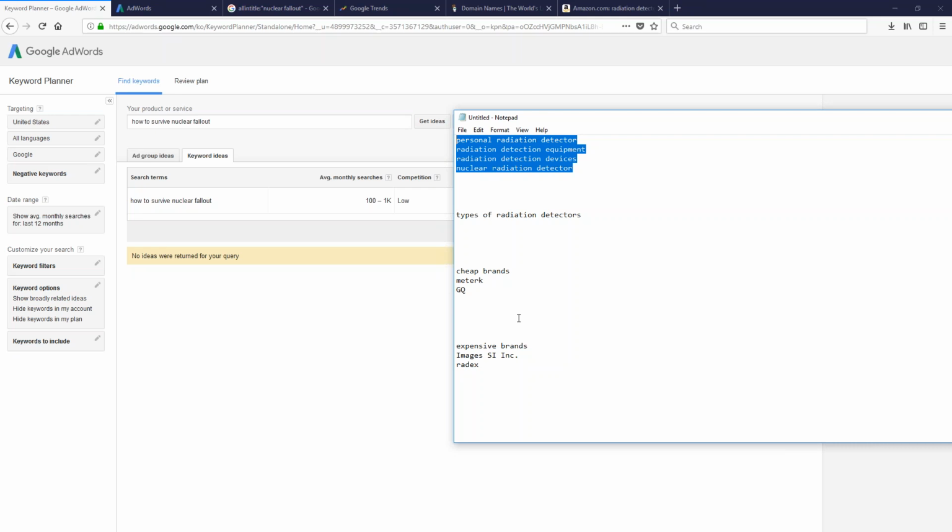With the radiation detector being the entire subject of my website, I may or may not be able to come up with 7 good, distinct informational topics having to do with that type of product. One of those may be something like how to survive nuclear fallout. It could also be more specific topics having to do with the usage of radiation detectors, different things they're used for.